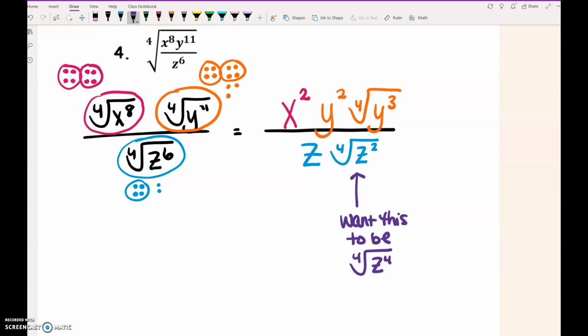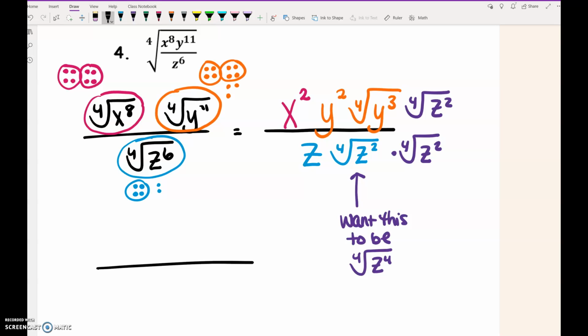If it was the 4th root of z to the 4th, it would cancel out to just a plain old z, and then everything would be fine and dandy. We currently have 4th root of z squared. How many more z's would we need to make that the 4th root of z to the 4th? 2 more. So we multiply by the 4th root of z squared on the top and the bottom.